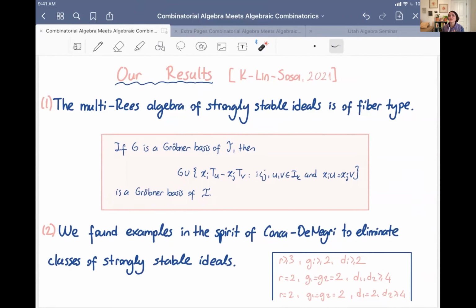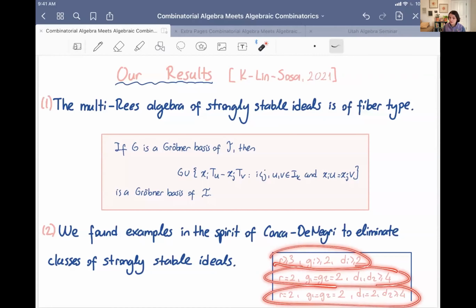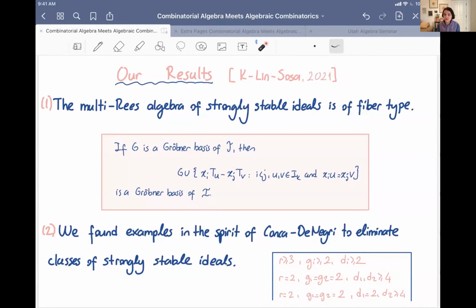And then we also tried to find some examples in the spirit of Conca and De Negri so that we would eliminate some large classes of strongly stable ideals whose Rees algebras are not always Koszul. And I'm not going to show you the examples because there's a lot of data there, but if I were to just summarize what happened there, we just eliminate these kinds of cases by controlling those three sets of parameters I showed you.